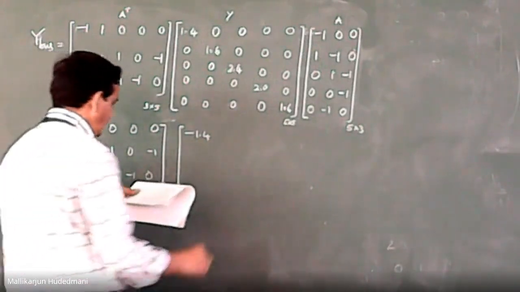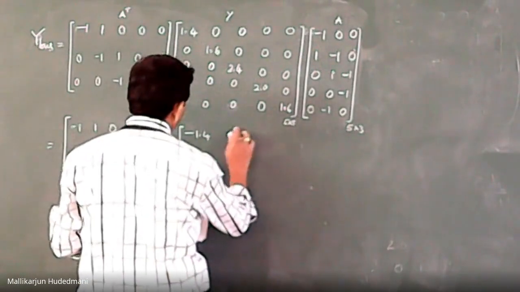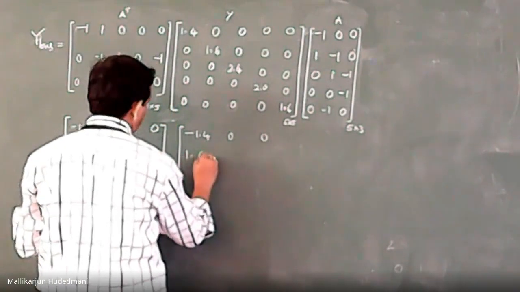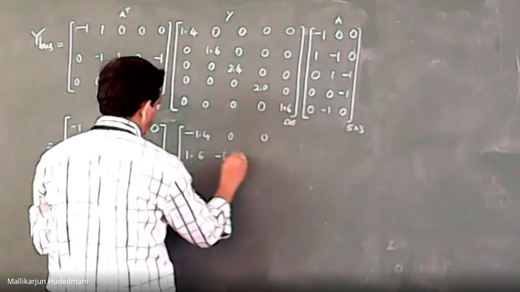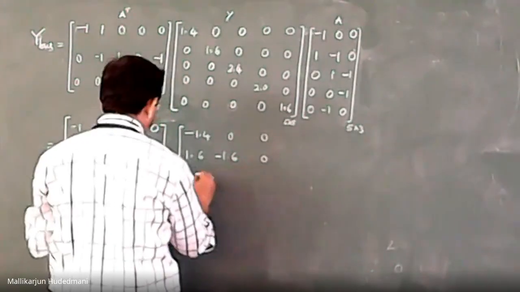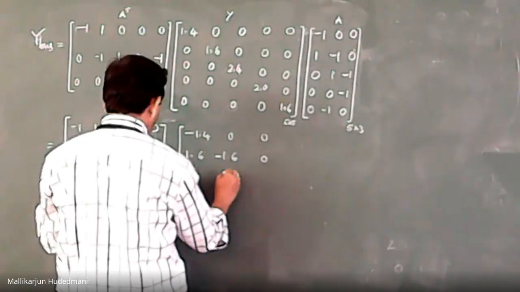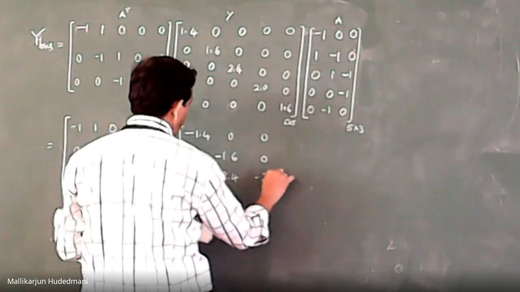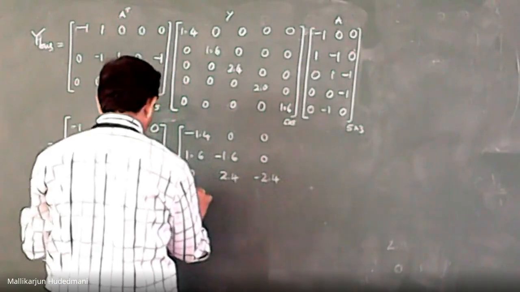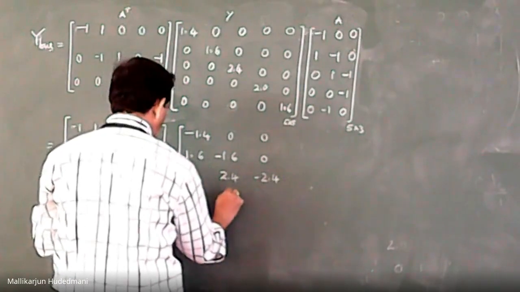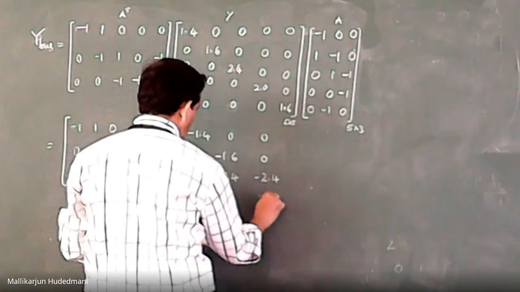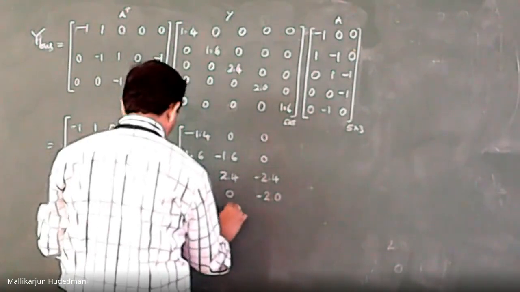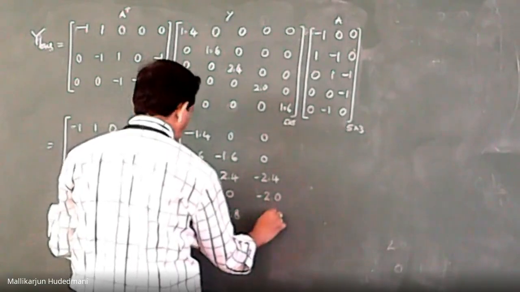Then I have similarly 1.4, 0, 0. Then this represent you 1.6, minus 1.6 and 0. You can verify by product of two matrices how you take mathematical operations. Minus 2.4. So let me write this as 0, this as 0, this as minus 2.0, and the last one is 0, minus 1.8, and this as 0.